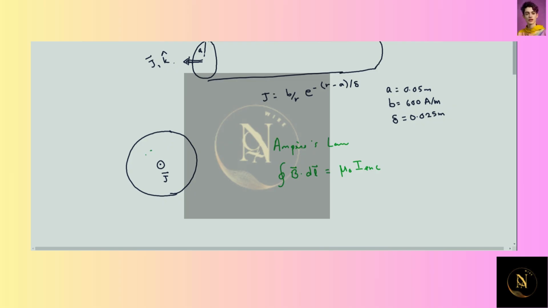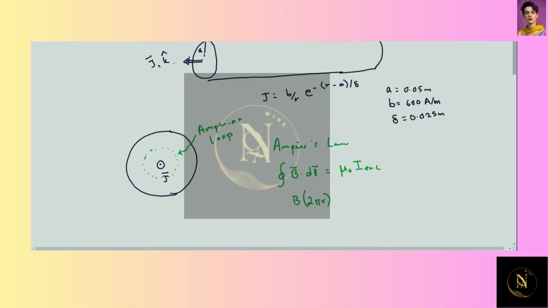But for a wire, the symmetrical path that you choose is a circle that surrounds the center of the cylinder or wire. And that's called an Amperian loop. And the projection of B along that loop is B times 2 pi r.